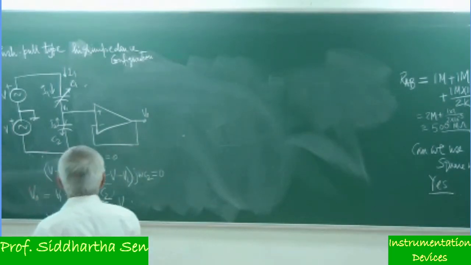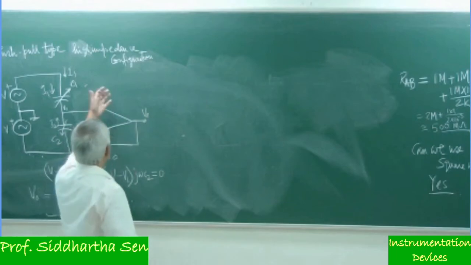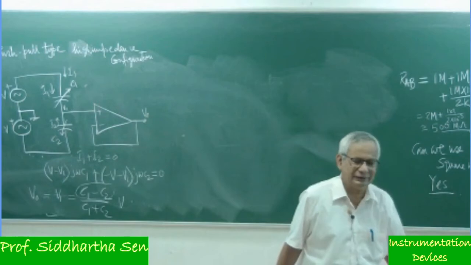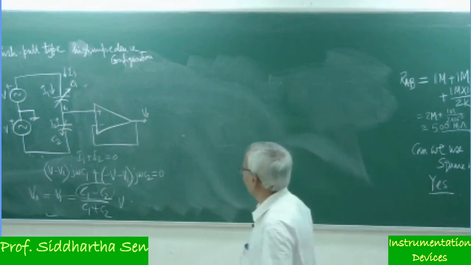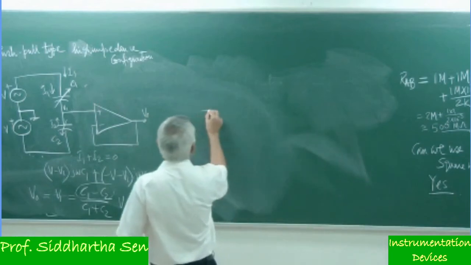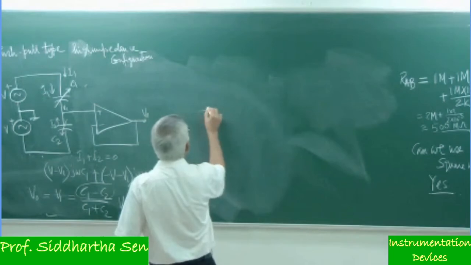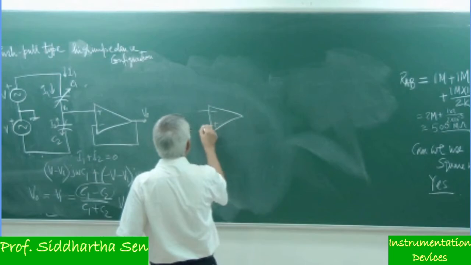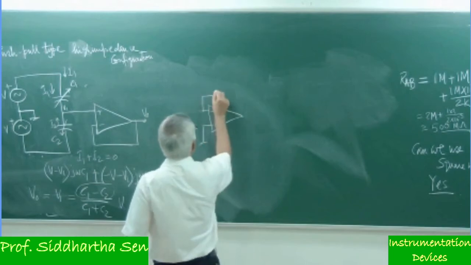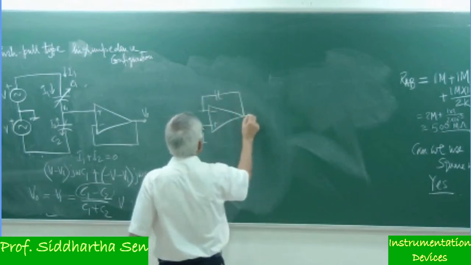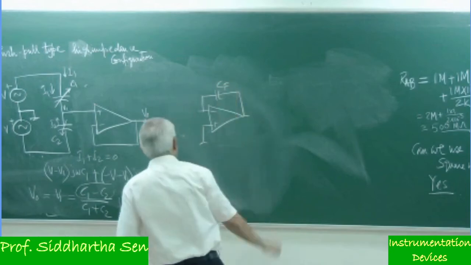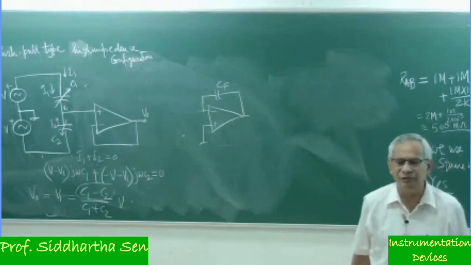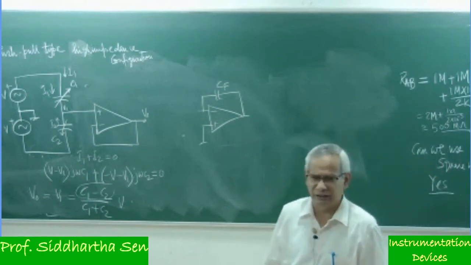And one more thing is that there is an additional CF, that is a capacitance. What we had earlier for a low input impedance one was an additional capacitance CF, and the value of the CF has to be put, and the value of the CF will decide the gain.